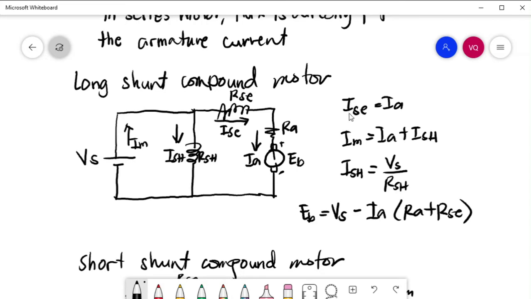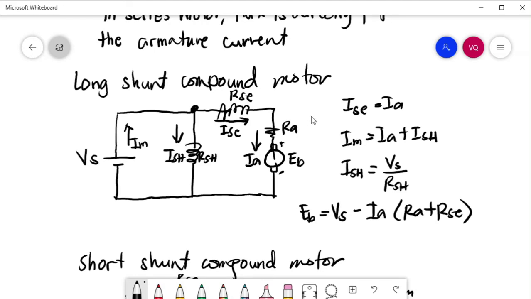Therefore, the current in the series resistance is equal to the current in the armature resistance. From this node, again KCL, Im is equal to Ia plus Ish. Shunt current is equal to the source voltage divided by Rsh. Therefore, the back EMF is equal to the source voltage minus, again, the drop in Rse plus the drop in Ra.